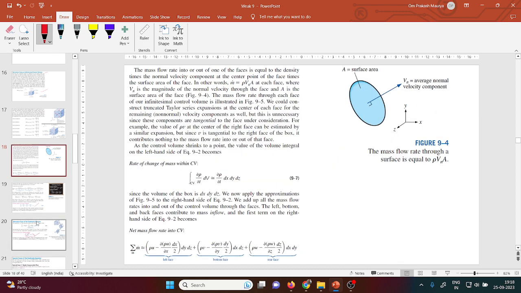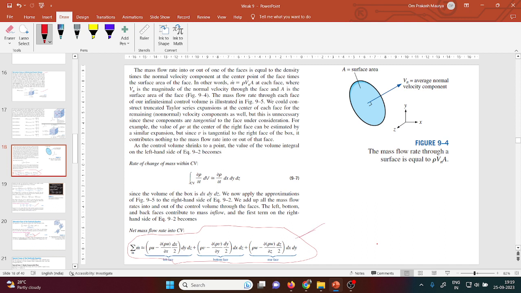If you see the mass in expression, this is the mass in expression, and that is your derivation.